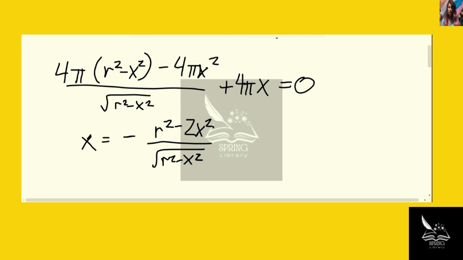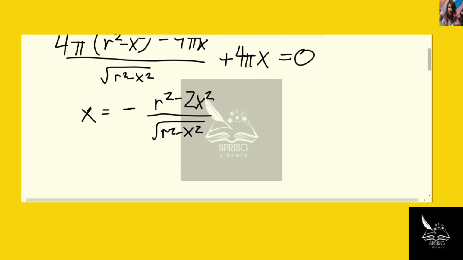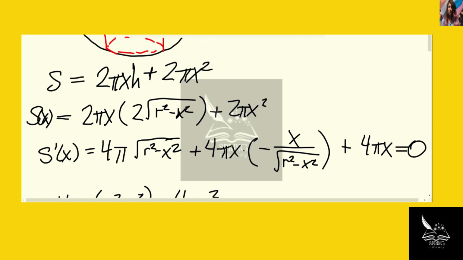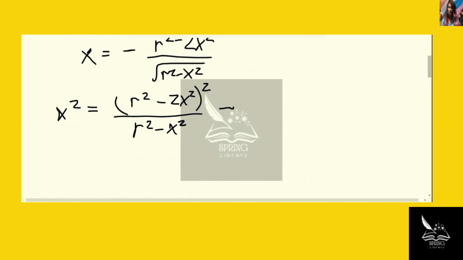Now, to solve this, I'll square both sides. We get x squared equals r squared minus 2x squared all over r squared minus x squared. Cross multiplying, I get x squared times r squared minus x to the fourth, and this is equal to r to the fourth minus 4 r squared x squared plus 4x to the fourth.